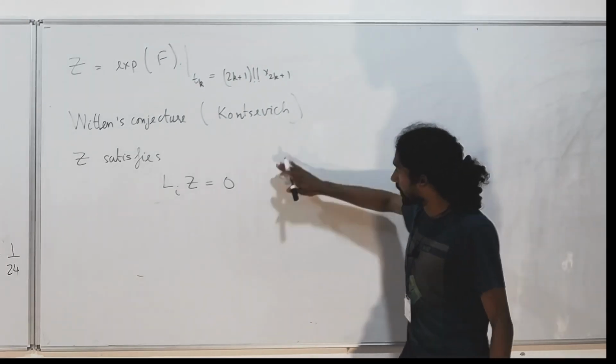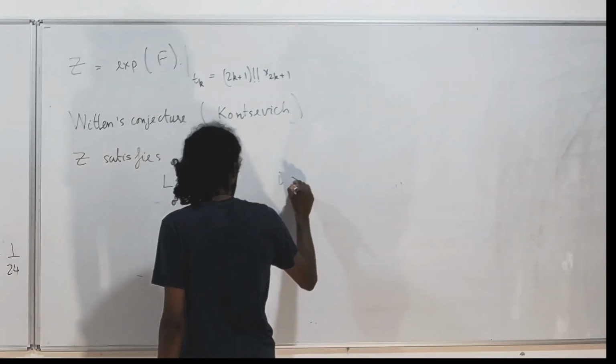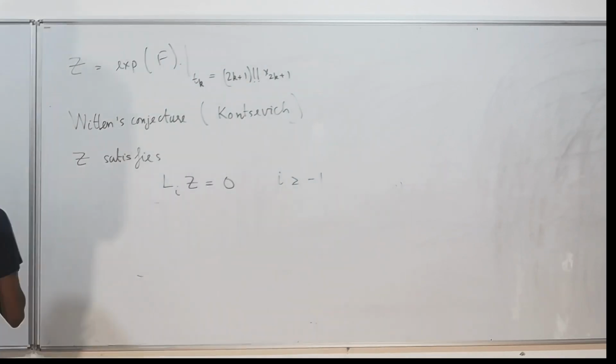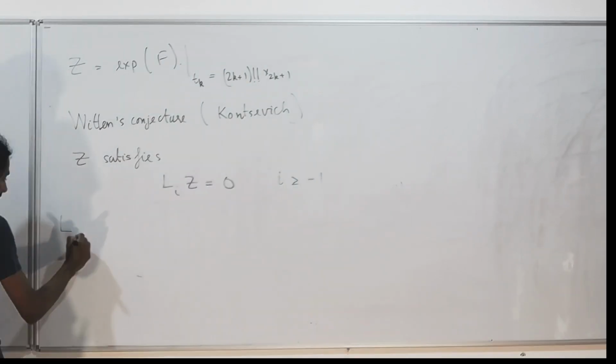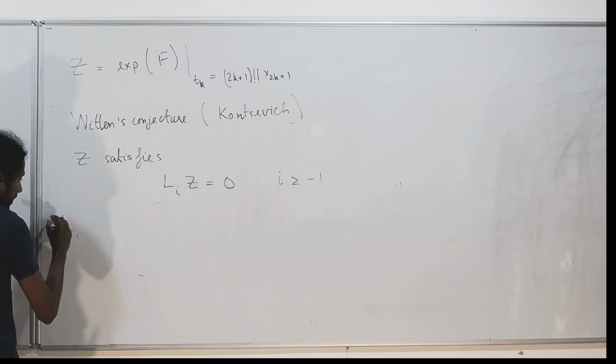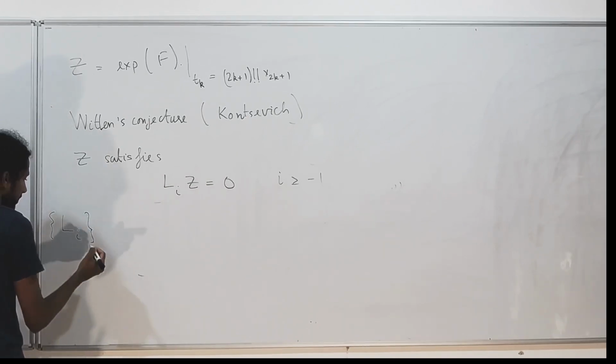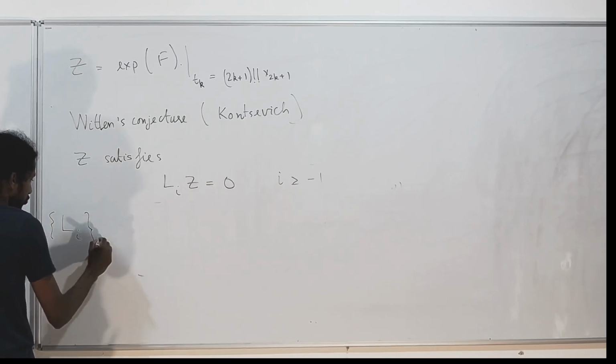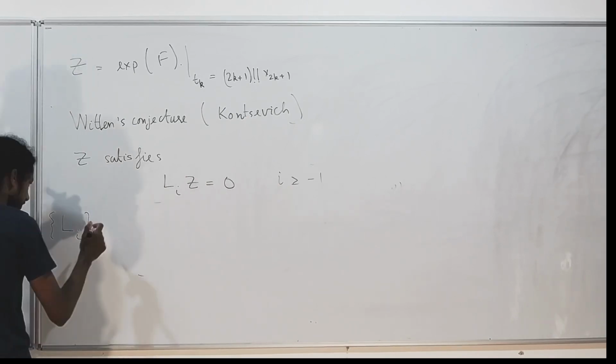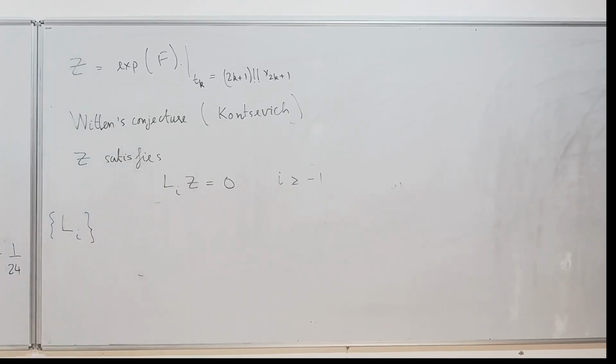And what are these L_i's? So i is greater than or equal to -1. And these are the Virasoro constraints. So the L_i's form a representation of the Virasoro algebra.